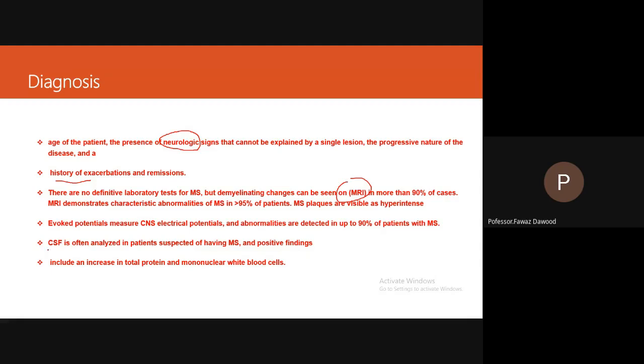We could also take cerebrospinal fluid for analysis, and sometimes there is an increase in total serum protein and mononuclear white blood cells.